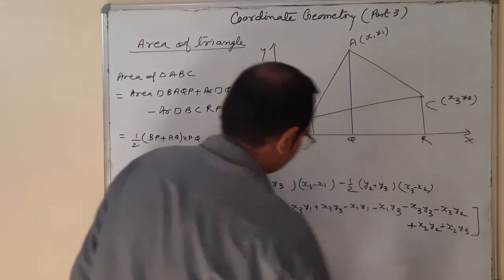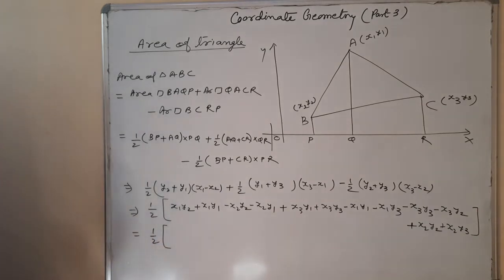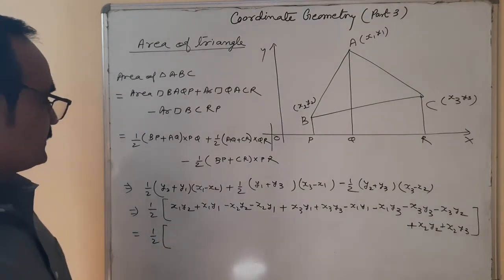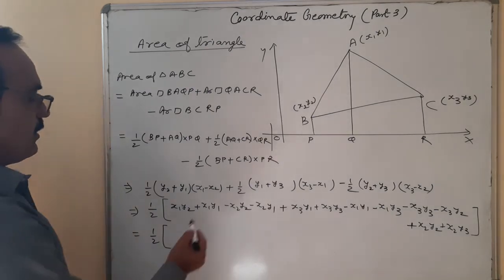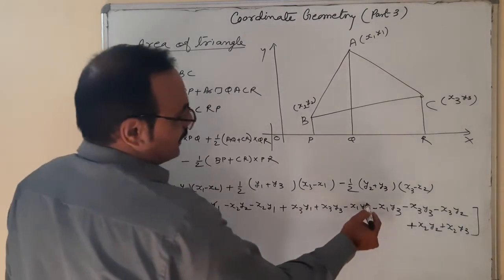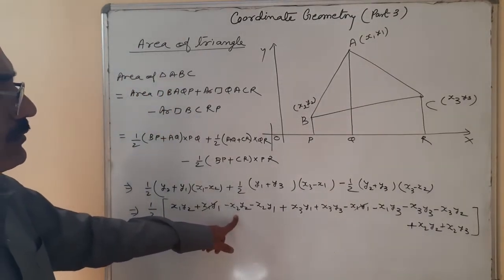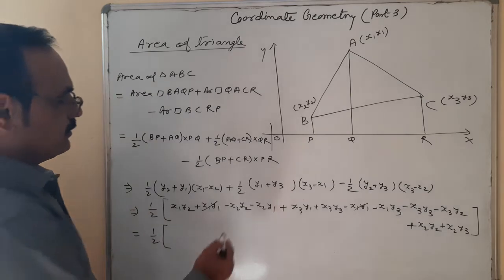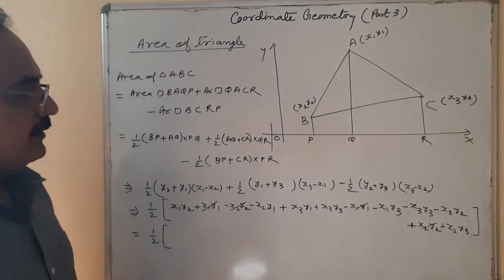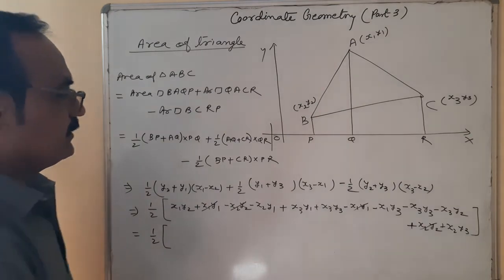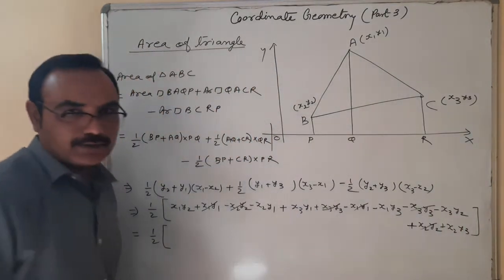After that, any term which can be cancelled: x1 y1 and minus x1 y1. After that, x2 y2 and its opposite. x3 y3 minus x3 y3 cancel.